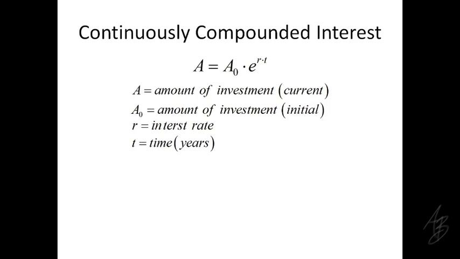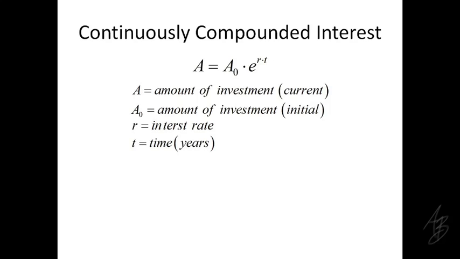We can modify that equation to fit this particular application. The only change really is that we replaced the k with an r. The r here is the interest rate. Since t is measured in years, then r would be an annual interest rate. We could also look at time in months if we had a monthly interest rate.